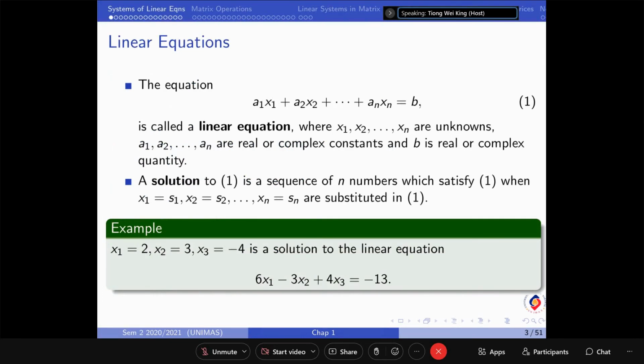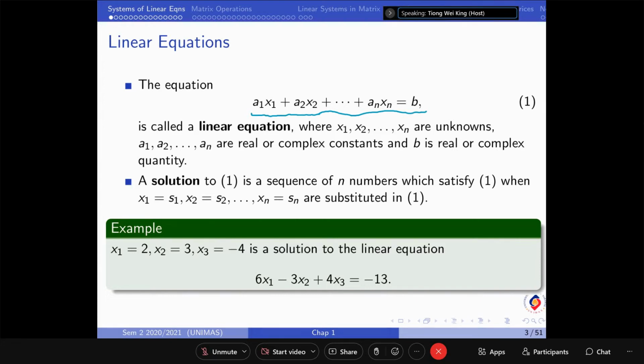The first one is the linear equation. The definition is given by equation 1: an equation in the form a1 x1 plus a2 x2 plus until an xn equals b.